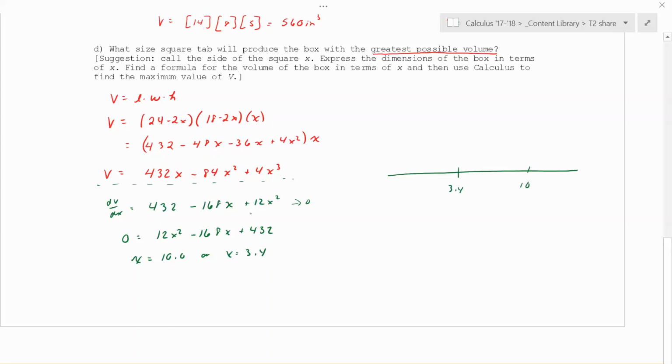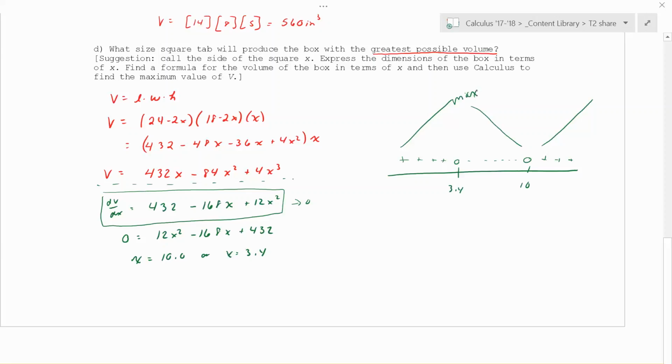And here's my quadratic equation right here. Quadratic equation, lead coefficient is positive, so I know that it is a parabola that opens up. So I've got positive values, 0, negative values, 0, positive values. So uphill, downhill, uphill. I have a max and I have a min.